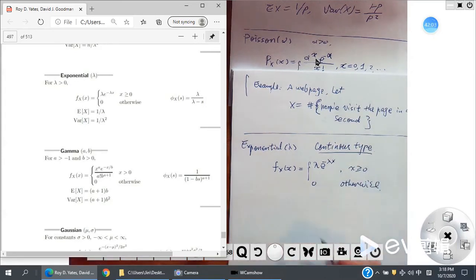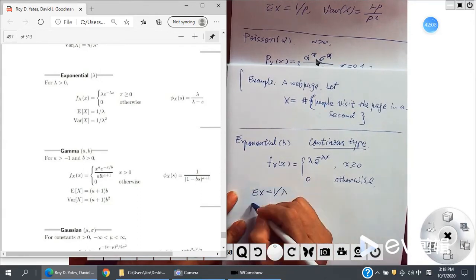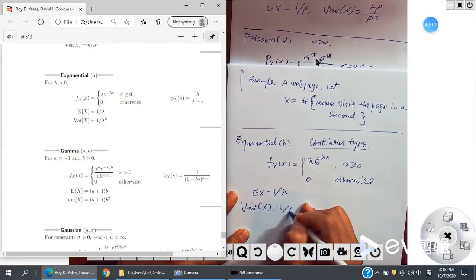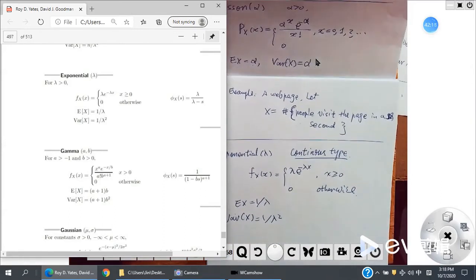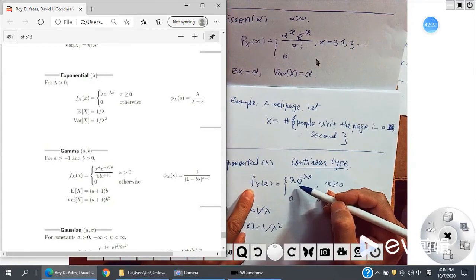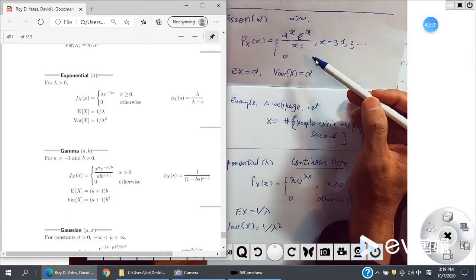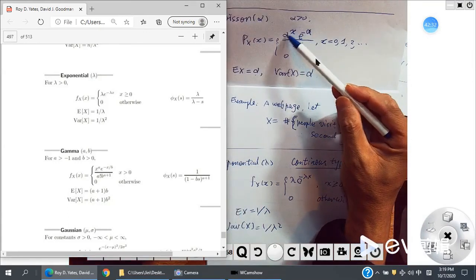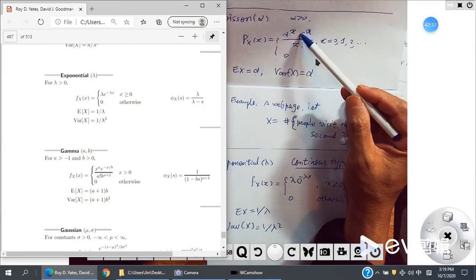The expectation of X is equal to 1 over lambda, and the variance of X is 1 over lambda squared. So you can compare this one with a Poisson. Here's a density function, a constant times e to the negative lambda x, and here you have alpha to the x over x factorial times e to the negative alpha.